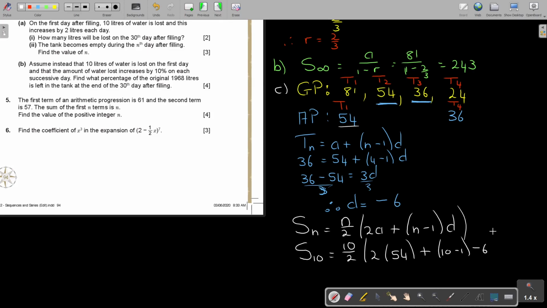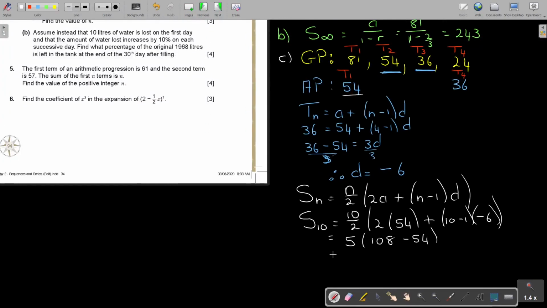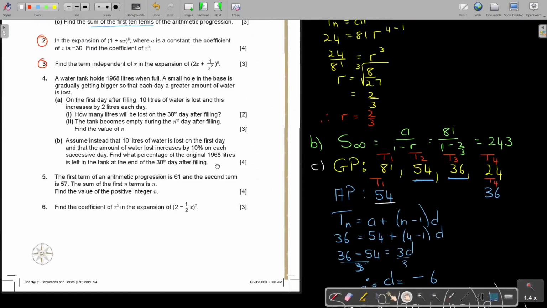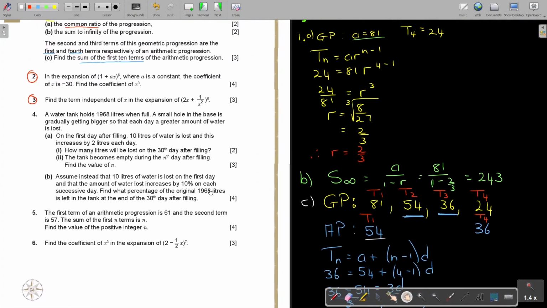I prefer to write it in front, it's not an influence. Okay, and then it's 108, and remember that's also in brackets, so if I simplify that, I get -54. And if I simplify all of that, I'm getting an answer of 270. And that is number 1.